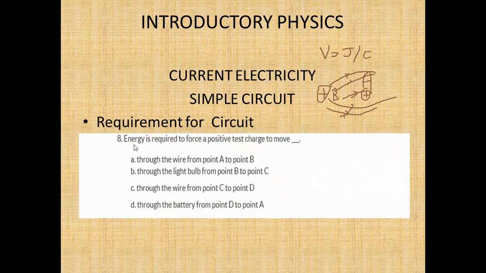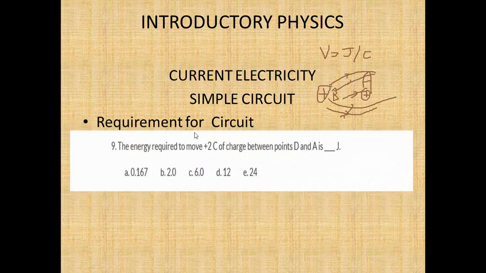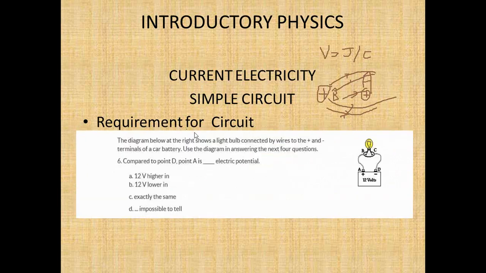Energy is required to force a positive test charge to move from D to A. Remember, you're going to move your positive test charge from the low potential terminal to your high potential terminal.